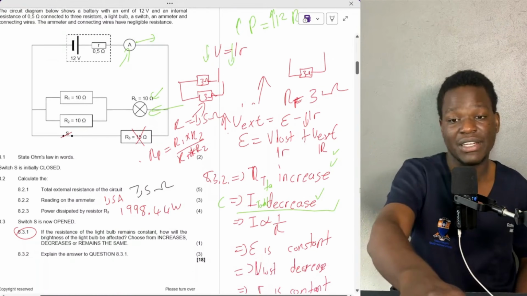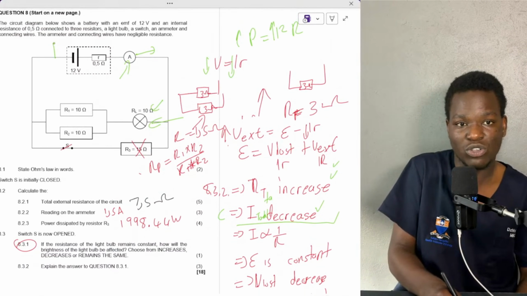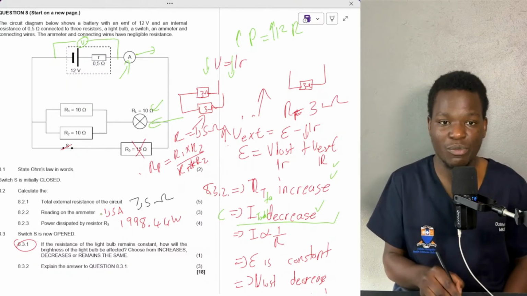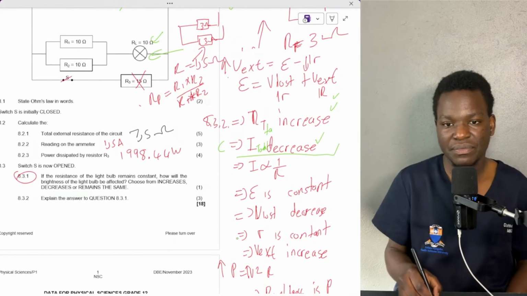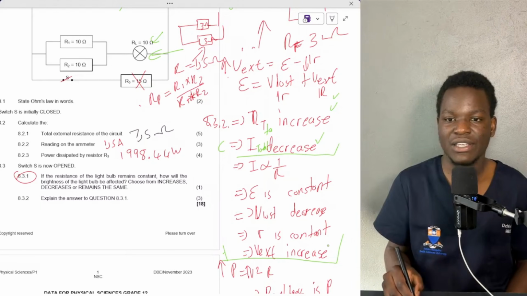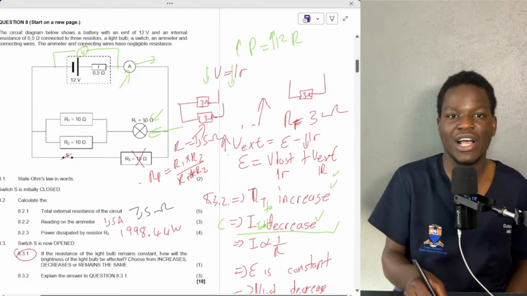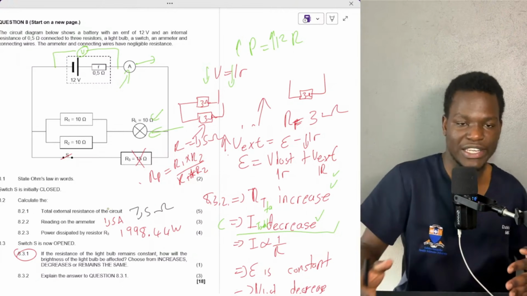That distinction is very important, because if they had asked what will happen to the voltmeter reading over here if this one is removed, you will end your answer here. You say V external will increase, because the voltage across this measures the V external. So you have to know how to differentiate.